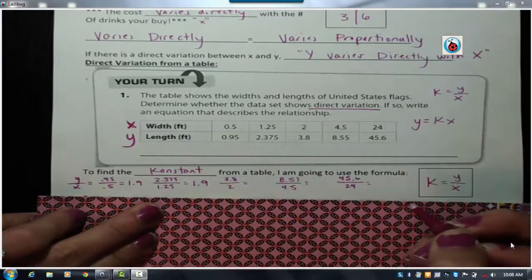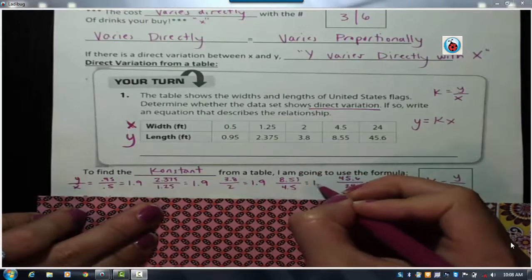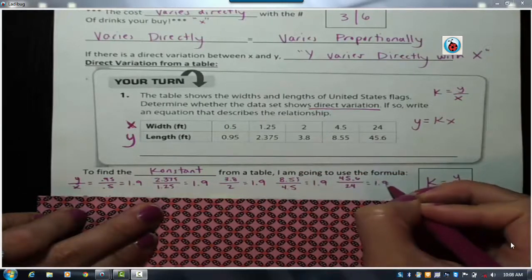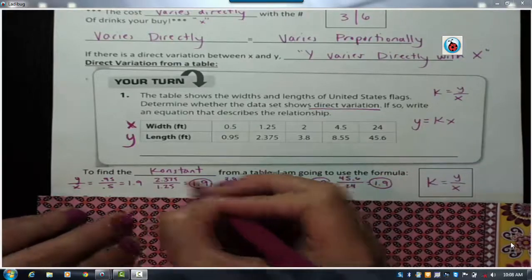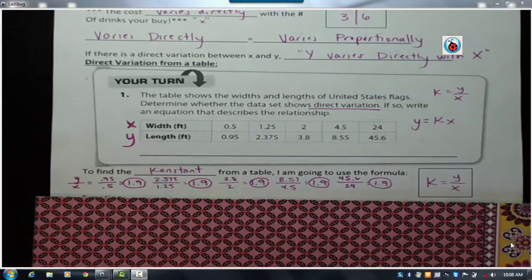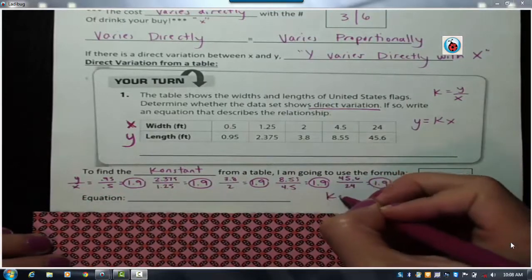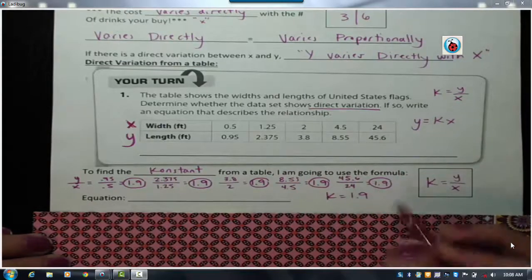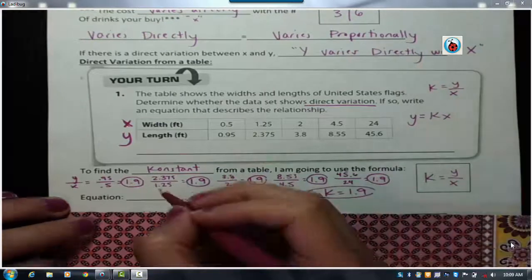If I keep going entering these in my calculator, I will notice that each one has the same constant of 1.9. So with that being said, since each point has that constant of 1.9, I know that k is equal to 1.9. So once I've found my constant, now I can enter that into my formula.